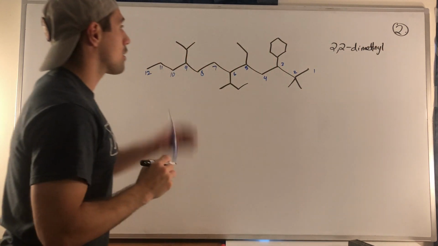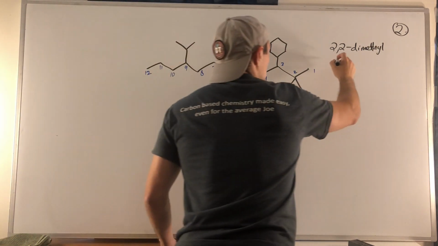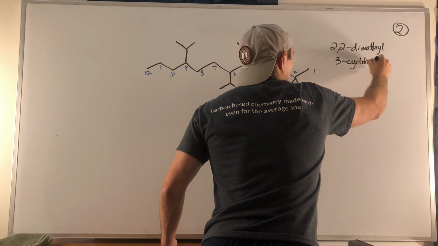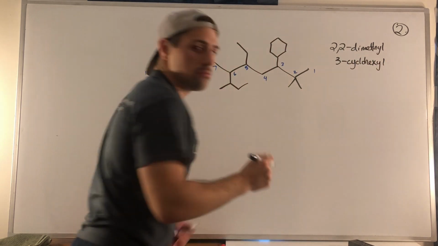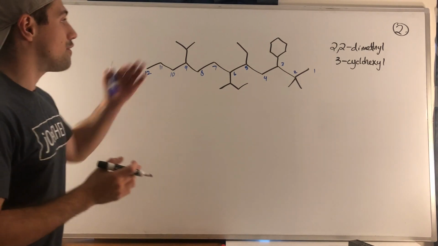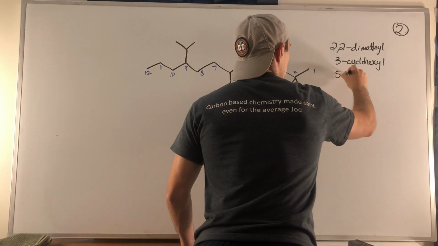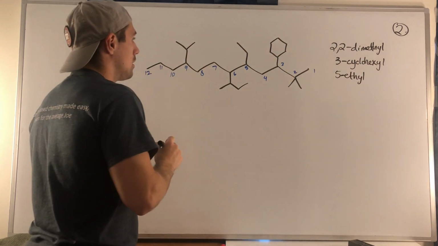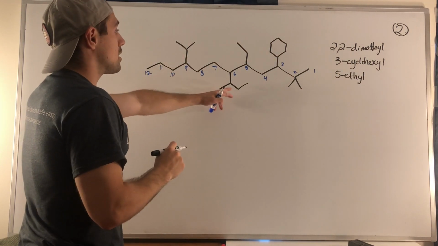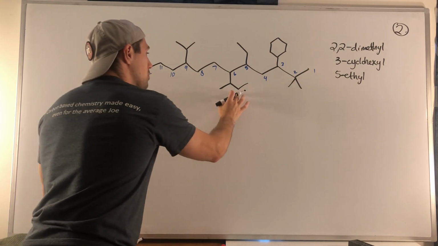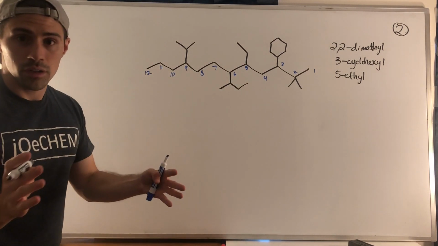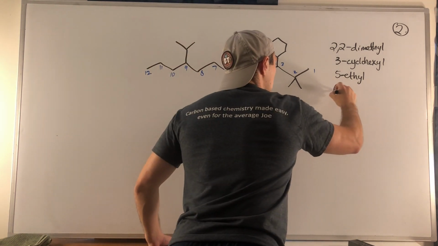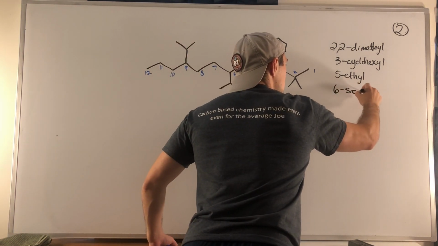Okay? 3, that's a cyclohexane, so what we can do is 3-cyclohexyl. Just add a y. No big deal. 5-ethyl. Sorry, I kind of ran that together. No other ethyls. 6, common naming. 1, 2, 3, 4, but it's not 4 in a row. It's 4 in one of those interior carbons. So this is actually 6-sec-butyl.